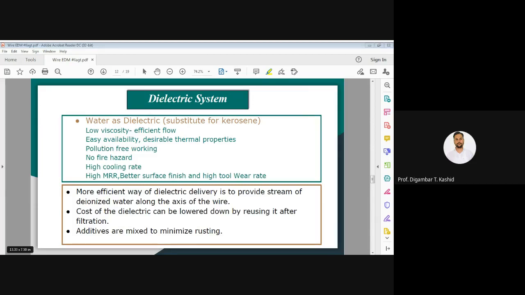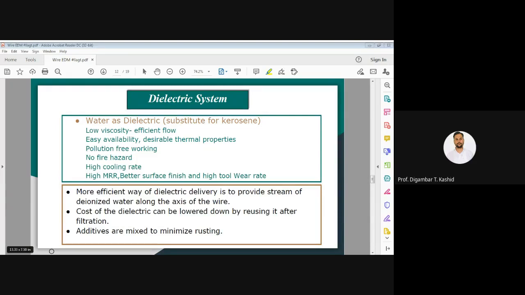As a dielectric fluid you can use kerosene, because you can consider this kerosene as a substitute for deionized water, in case of the wire cut EDM process. And here also we have to maintain a very small gap between wire and workpiece. That interelectrode gap we have to maintain, and that gap may be near about 25 micron.